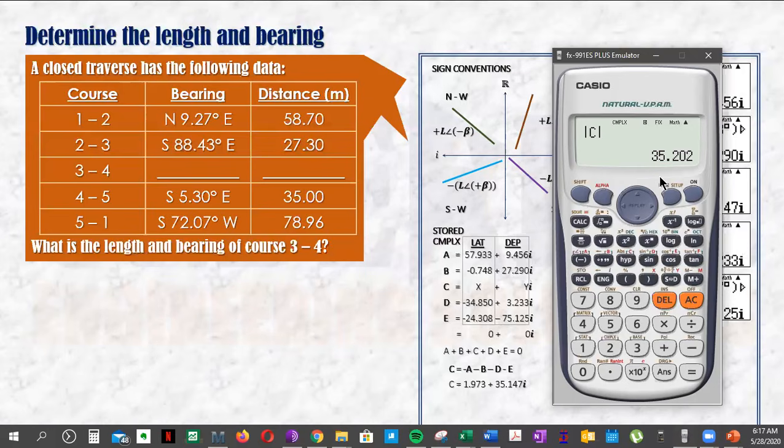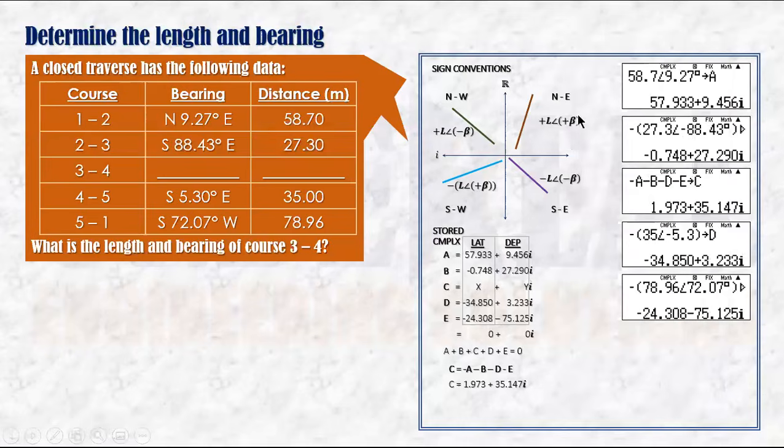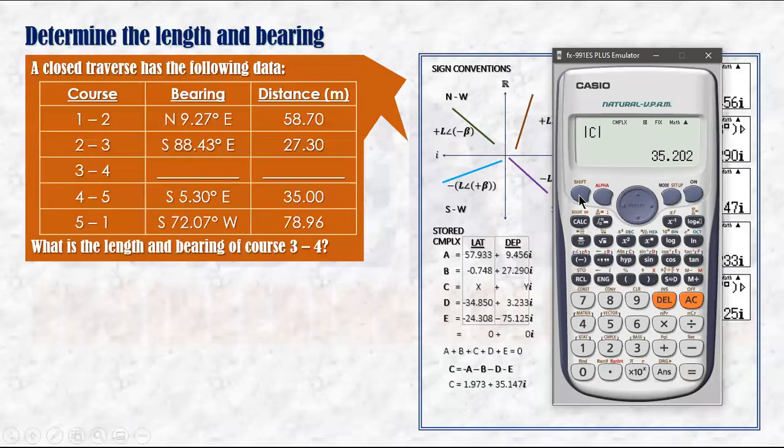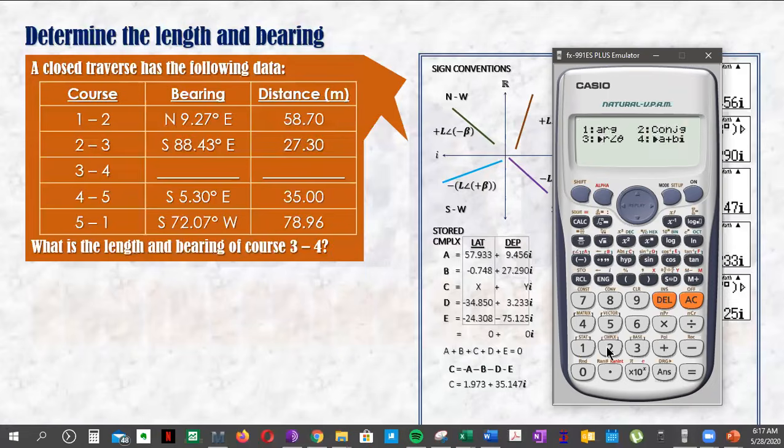So take note, this angle beta, if that is the polar form of the complex number, is called the argument of the complex number. And to evaluate the argument of a complex number, that can be found by pressing shift, then this two, which means complex, then this one.